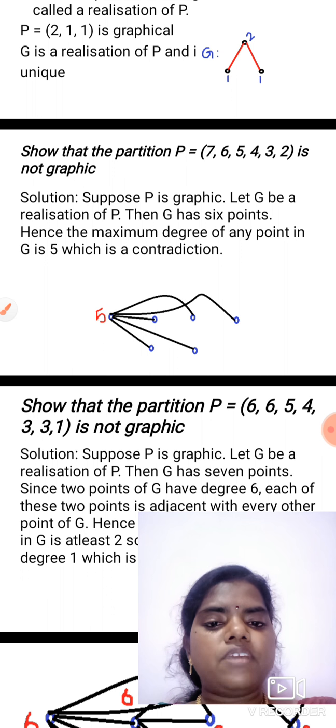But from the graph theory point of view, if we have 6 vertices, the maximum degree of any vertex is at most 5 only. Therefore, there is no chance of having any vertex of degree 7. So the assumption that we can draw a graph on 6 points with a vertex of degree 7 is wrong, which is a contradiction. Therefore, our partition 7, 6, 5, 4, 3, 2 is not graphic.